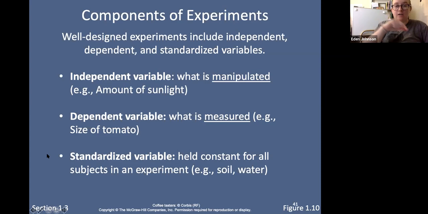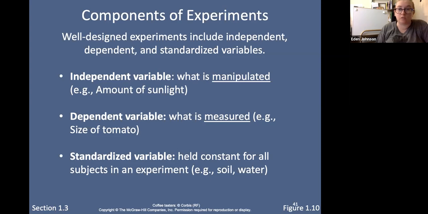Now, standardized variables are different than your control group. Your control group is where you don't change the independent variable, okay? Or it receives nothing, or typically, for instance, if it was amount of sunlight, you wouldn't put it in no sunlight, but you could put it in no sunlight, I guess.